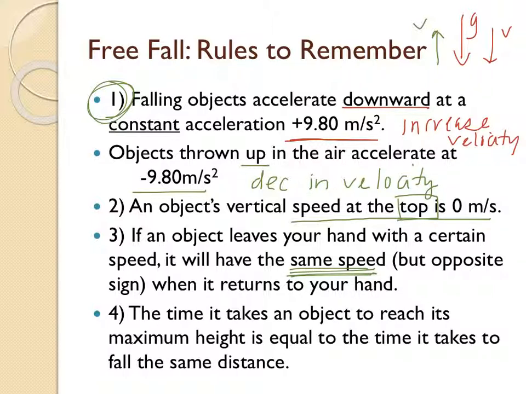So say it starts with 4 meters per second. When it gets back down, it'll still be moving at 4 meters per second. However, at the top, what happens to it? Hopefully you're saying stop, and that's going to be a 0 up at the top.